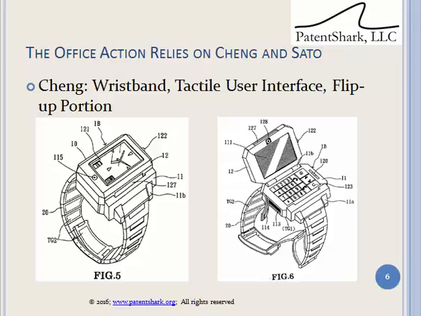On the left-hand side, Figure 5 of Cheng depicts a wristband and a tactile user interface. Now on the right-hand side, Figure 6 of Cheng depicts a flip-up portion. Therefore, the examiner, it appears, is correct. Cheng does teach or suggest these elements as evidenced by at least Figures 5 and 6 of Cheng.